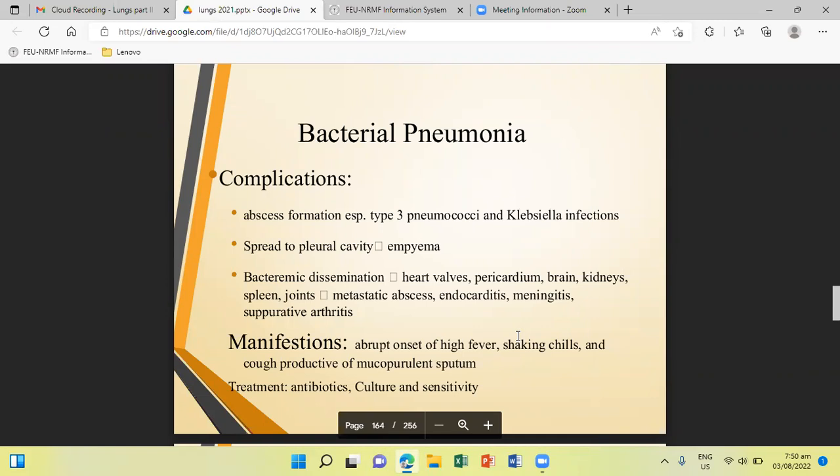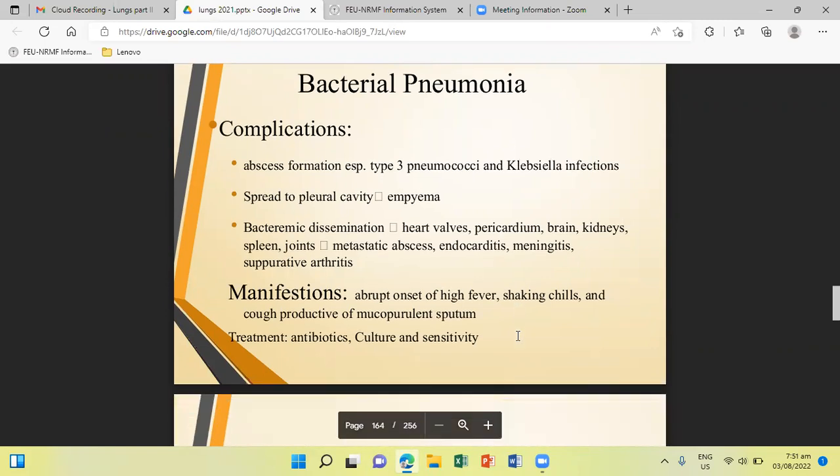Or it may be disseminated via blood. It can go into different organs, as you can see in the third bullet. So the sensitivity pattern will tell you what is the best antibiotic to give, as I have mentioned. But then again, if you cannot control it, then these are the most likely sequelae of complications expected.